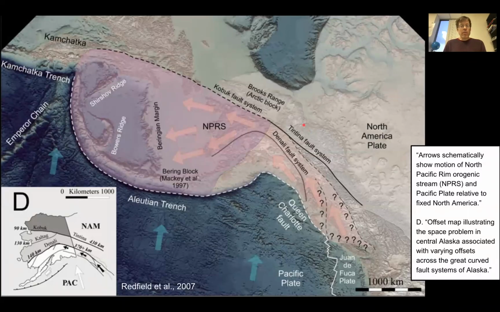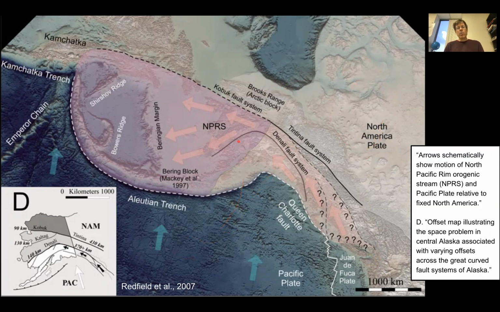Here's an imaginative but published and geologically based picture. It's kind of hard to see here, but this is Alaska shown right here. This is the Aleutian Arc. This is the Juan de Fuca Plate, Vancouver Island. So you're looking at this really no-borders picture of plate tectonics, with the North America plate definitely out here, the Pacific plate definitely out here.